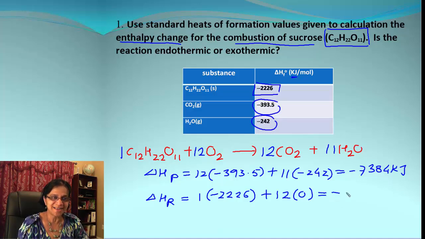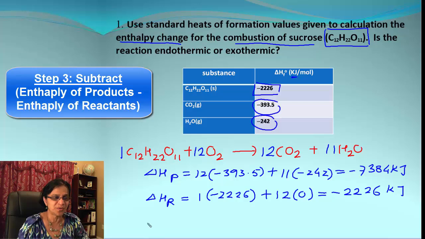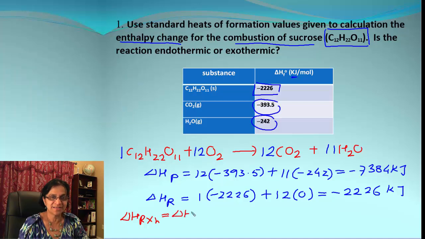When you work on that, the total delta H for reactants comes out to be negative 2226 kilojoules. And now our final step will be to find delta H for reaction, and that is delta H for products minus delta H for reactants, and we simply subtract the values which we got.